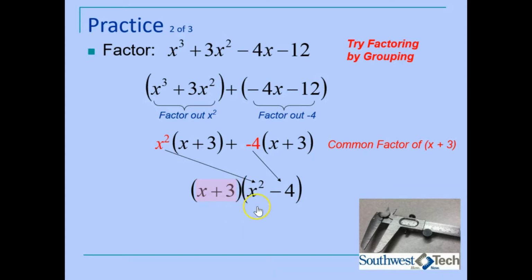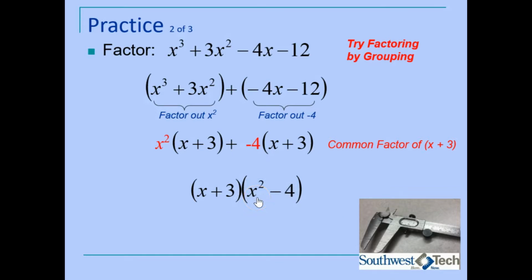Whenever you have a power higher than 1 on a variable, you should be suspicious that it may not be factored completely, and that is the case here. We have a 2-term polynomial, and it does meet the criteria for a difference of squares.